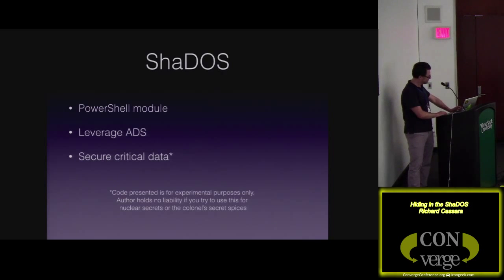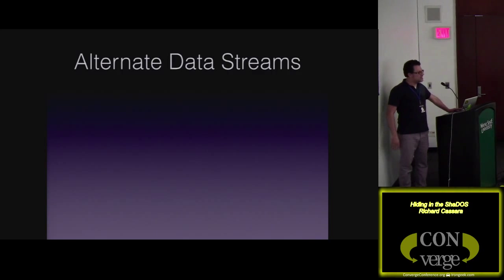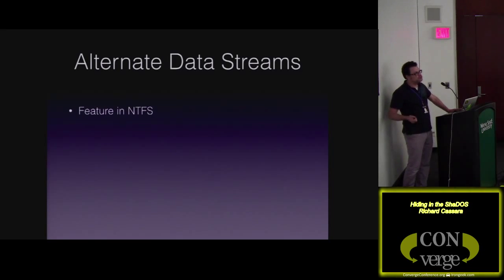For anyone who's not familiar, alternate data streams in NTFS are a feature that Microsoft originally put in for compatibility with the Macintosh HFS file system, which has separate resource forks and data forks. So you can have a file, and then you can have a stream that's associated with that file.